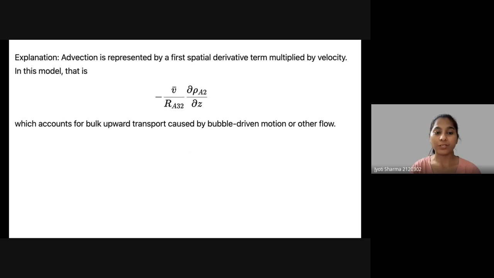Advection is represented by the first spatial derivative term multiplied by velocity, and so this will show you the bulk upward movement that is caused by bubble driven motion.